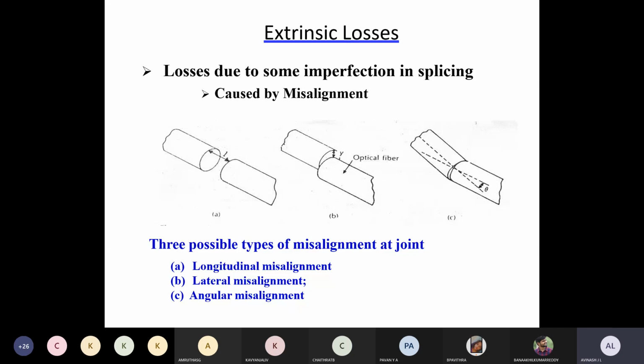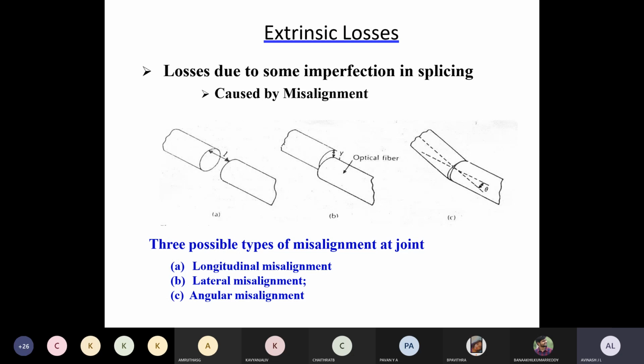If there is a bend on one side of the fiber, some small angular deviation will be present. That angular deviation causes loss of signal. That scenario is called angular misalignment.